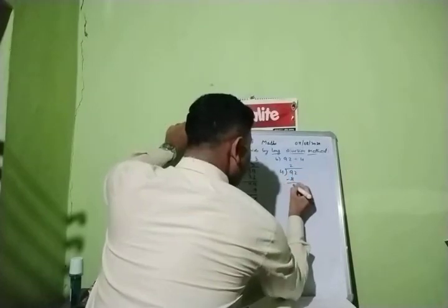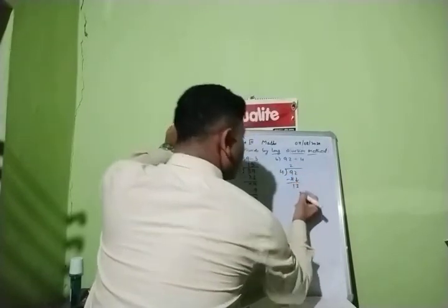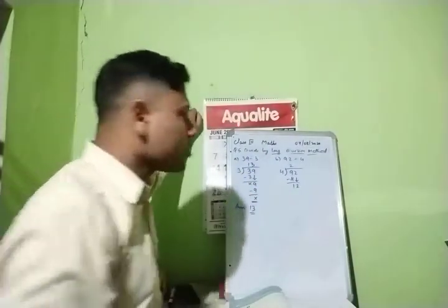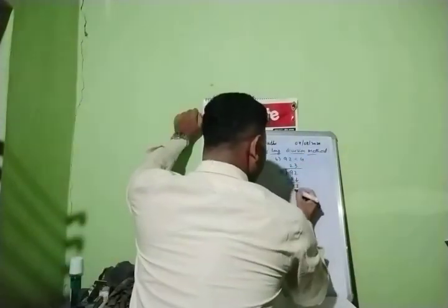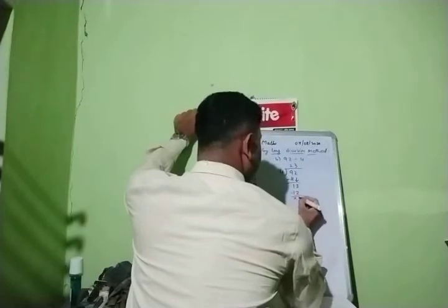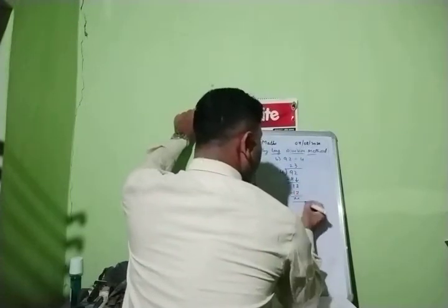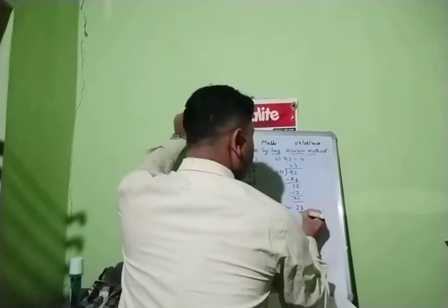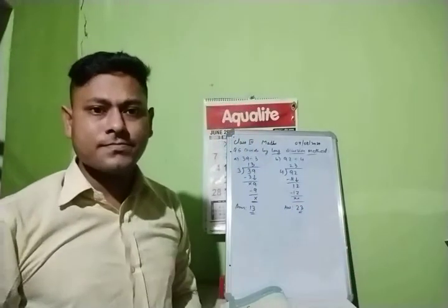Then 9 minus 8, 1, and this 2 will come down. So 12. 4 threes are 12. Then 2 minus 2, 0, 1 minus 1, 0. So what will be our answer? 23. Understood all?